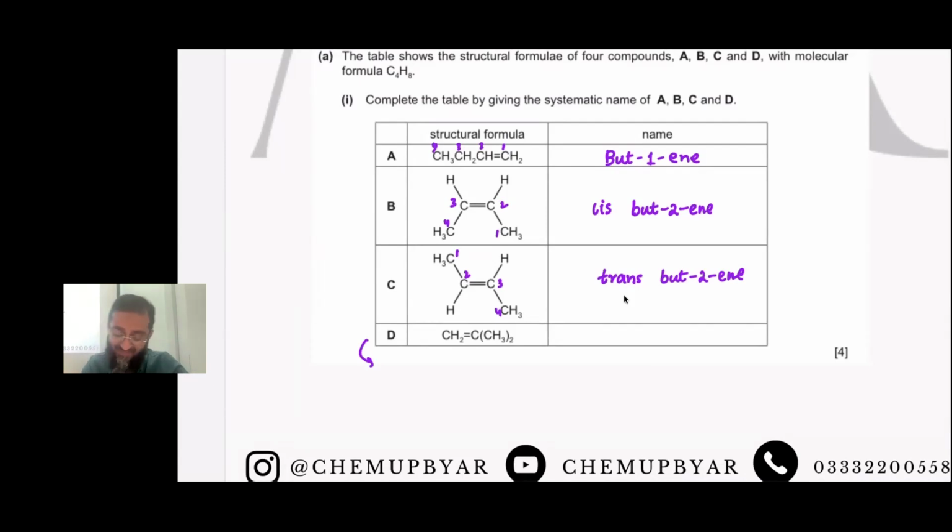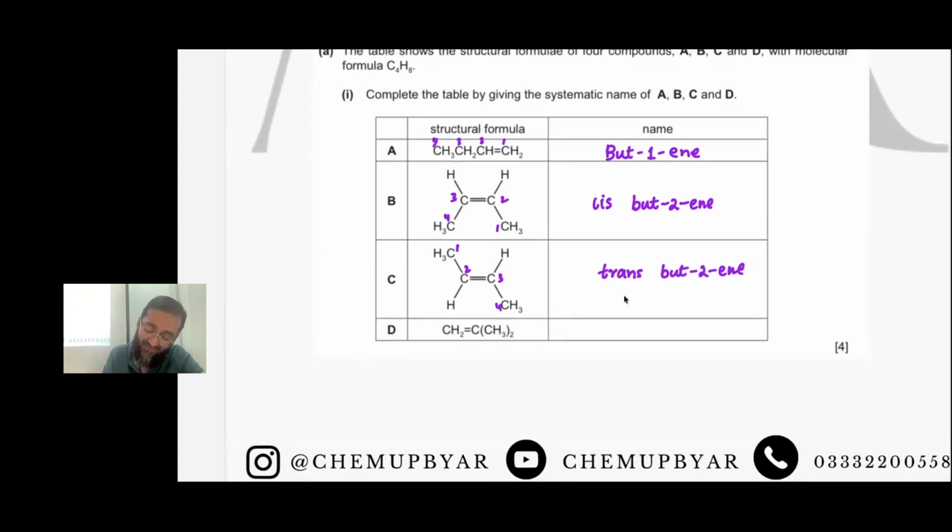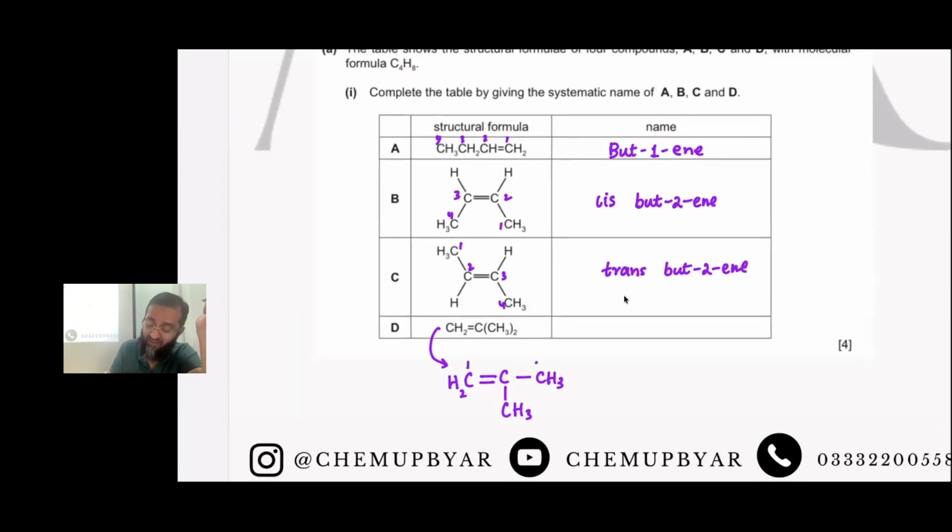Yes, Ridwan. So it is actually like this, right? 2-methylprop-1-ene, because carbon number 1, 2, and 3, and the second carbon has a methyl side chain.